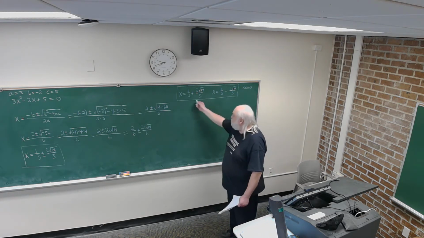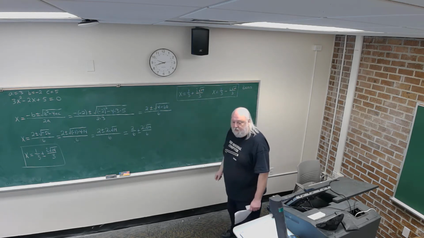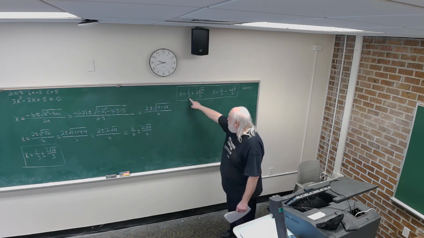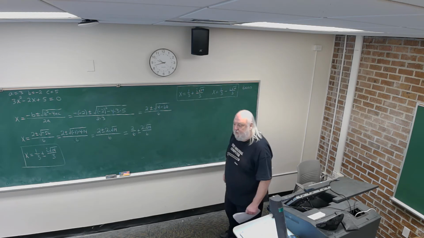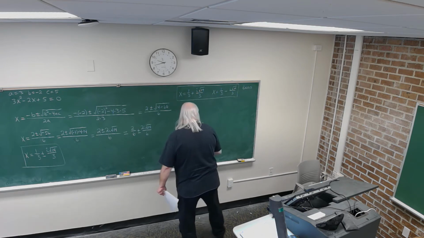So we've got to subtract everything on the right-hand side, move it to the left-hand side to get the factors. So we've got to subtract 1/3 and i root 14 over 3 to get the first factor. So the first factor is x minus 1/3.